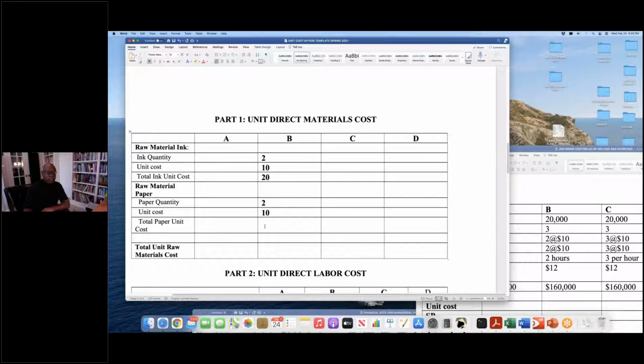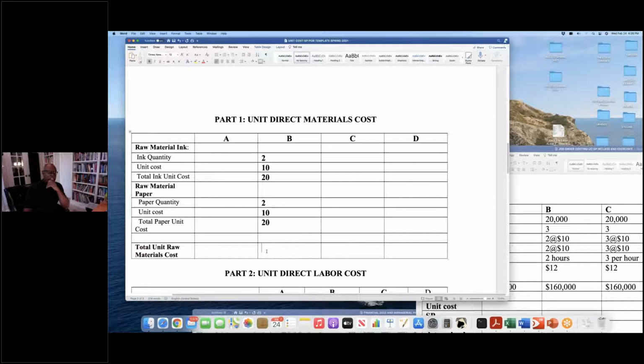What's our total cost of raw materials under the assumption? Your ink is 20 and your paper is 20.